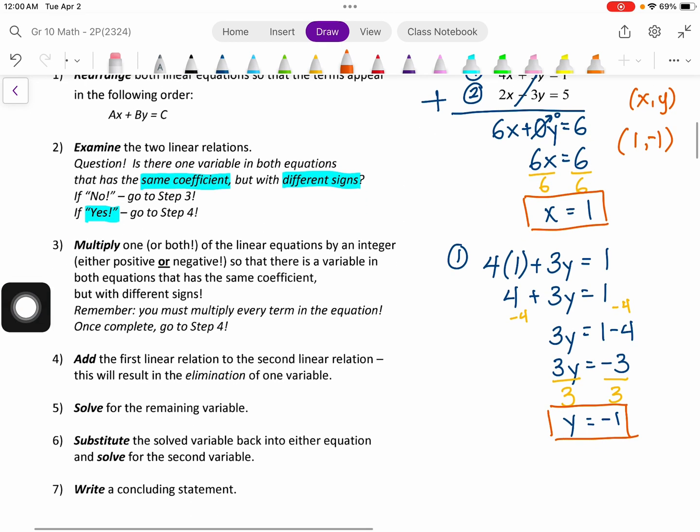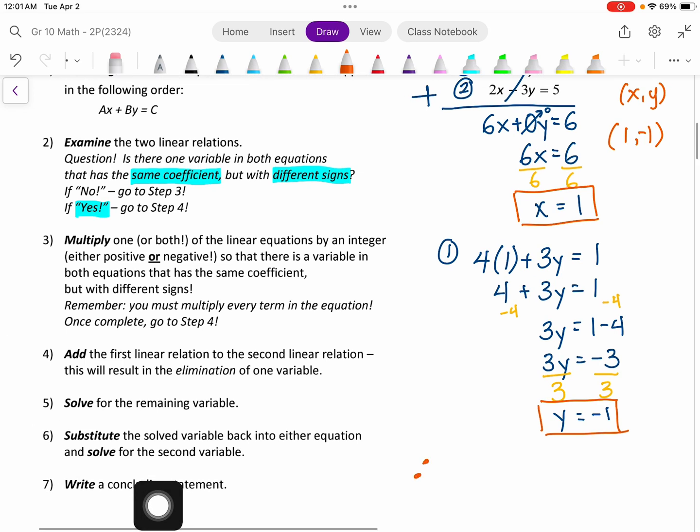And our last step is just to write our concluding statement. So therefore, the solution is, and then just our coordinate 1, negative 1. So remember, our solution to a linear system is just when the two equations intersect with each other.